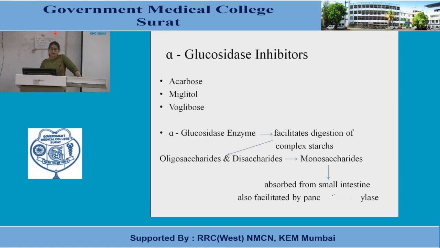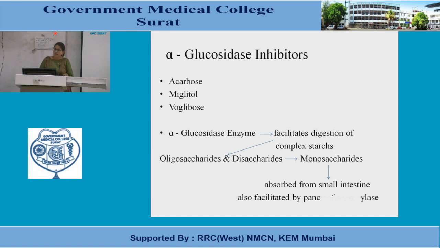Now come to the next group of drugs, which is the alpha glucosidase inhibitors. Under this heading we have acarbose, miglitol and voglibose. So alpha glucosidase inhibitor means there has to be an enzyme called alpha glucosidase.